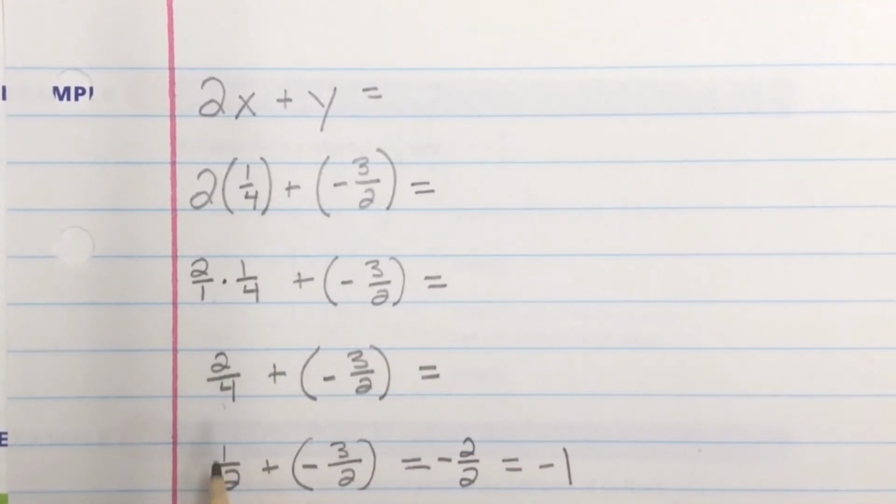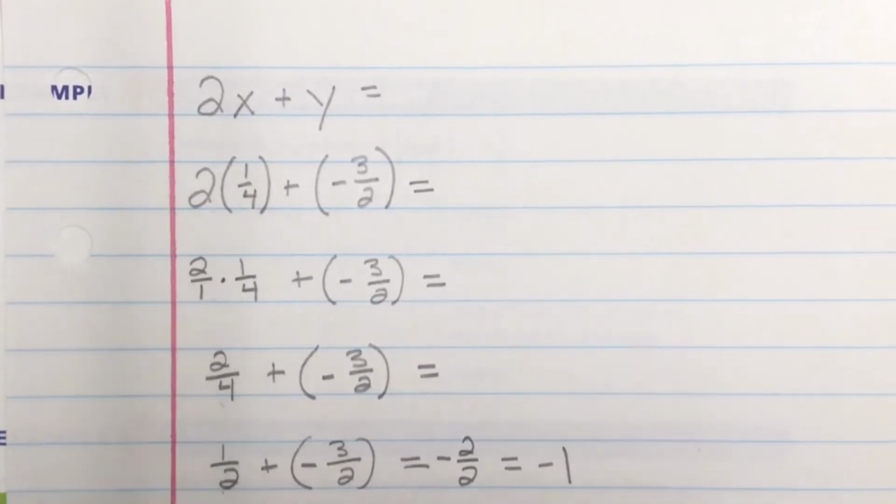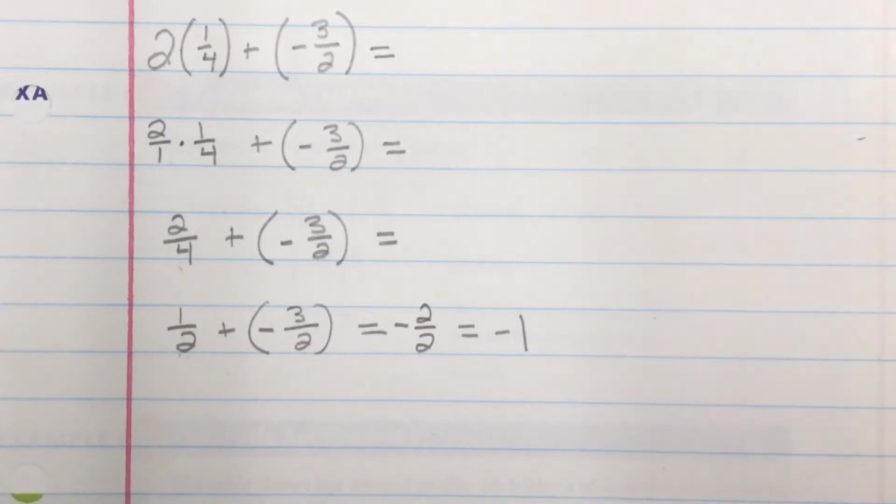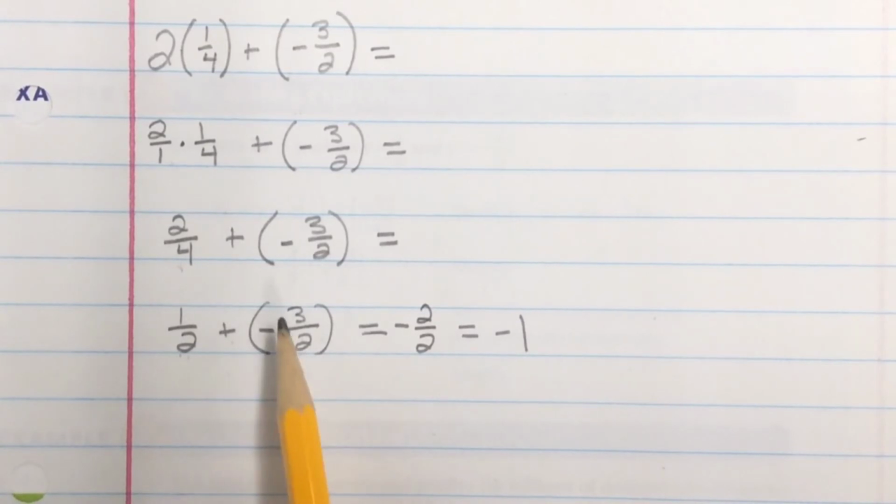This can be simplified to 1/2, which works out very well because then we have a common denominator, which we needed anyway. So now we have 1/2 plus negative 3/2, different signs. So we subtract. 3/2 take away 1/2 is 2/2, and we keep it negative because this had a larger absolute value, negative 2/2, which is the same as negative 1.